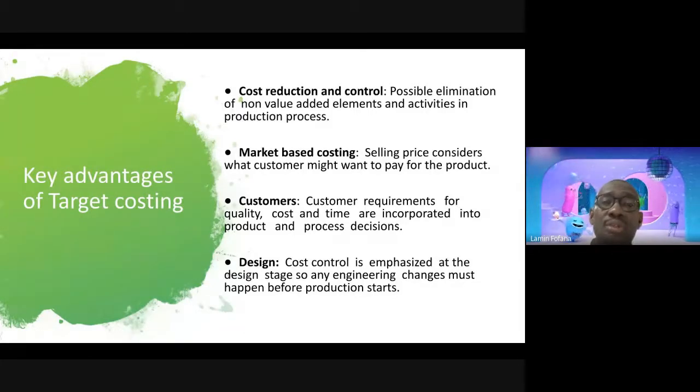Customer requirements for quality, cost, and time are incorporated into product and process, because before you start producing, you've already done research, and during the research you can ask customers what they like with the product and what they expect to see in the product.